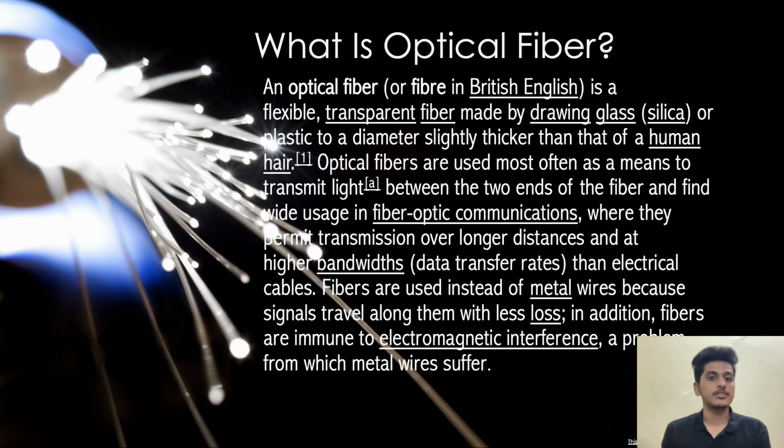Fibers are used instead of metal wires because signals travel along them with less loss. In addition, fibers are immune to electromagnetic interference, a problem from which metal wires suffer.